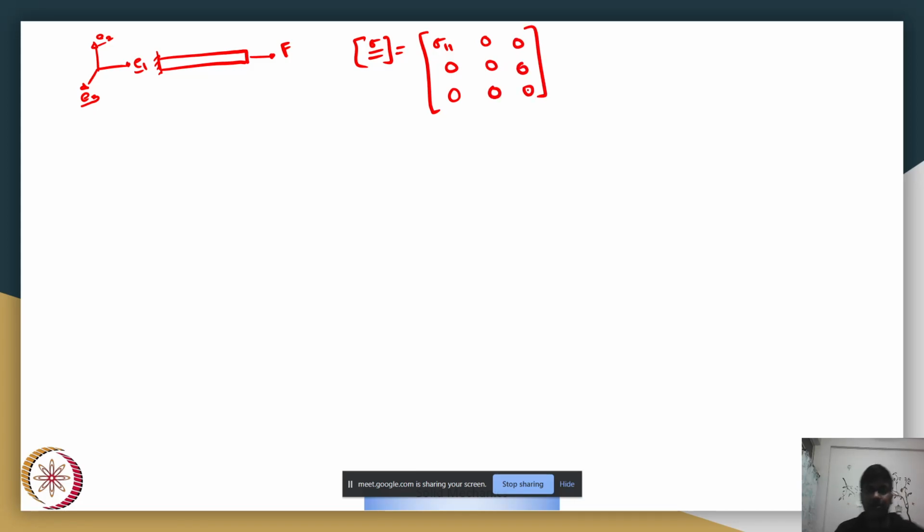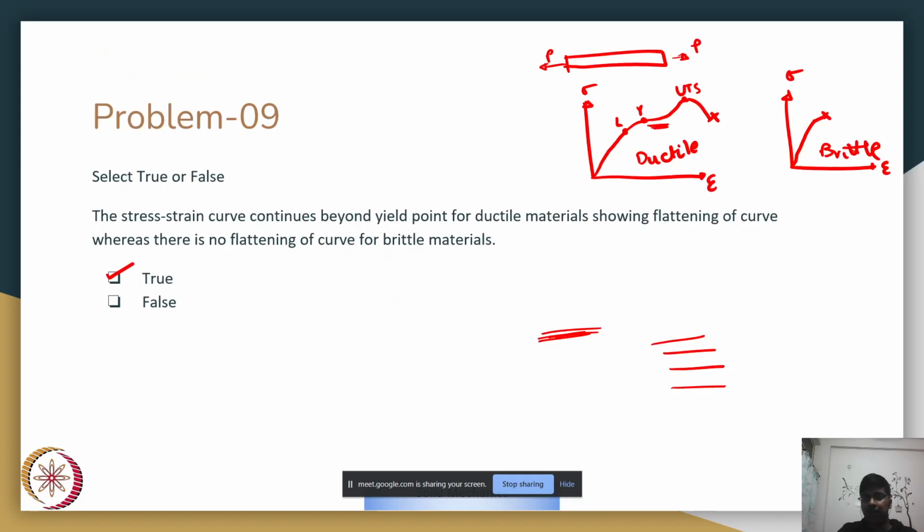This is how the beam would expand. And if I now calculate strain energy of distortion, you can quickly realize that this is of the same form as lambda 1, 0, 0, 0, lambda 2, 0, 0, 0, lambda 3, where lambda 1 is sigma 11, and lambda 2 and lambda 3 are 0.